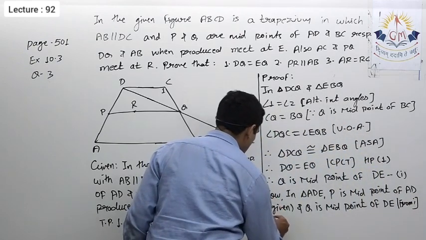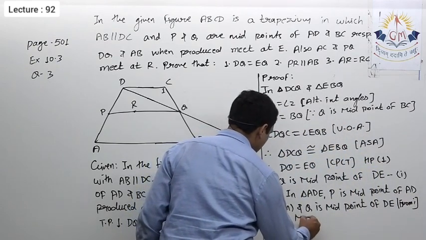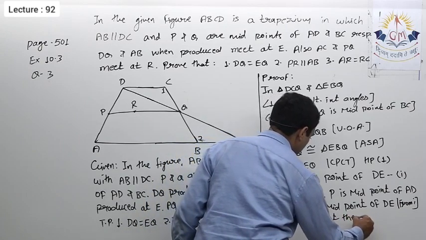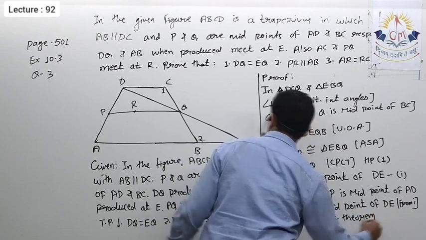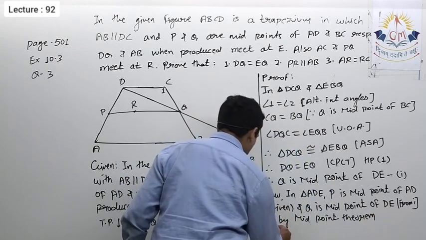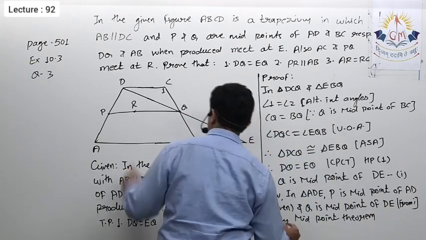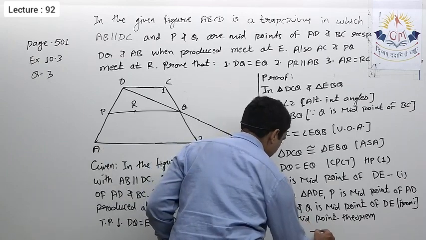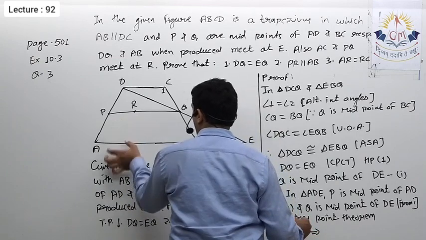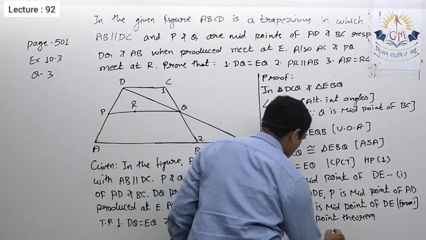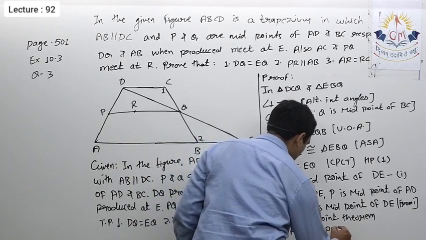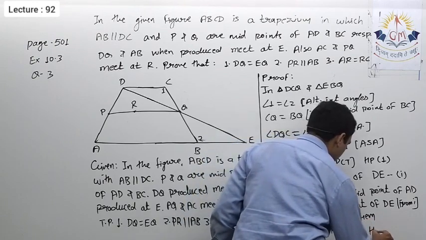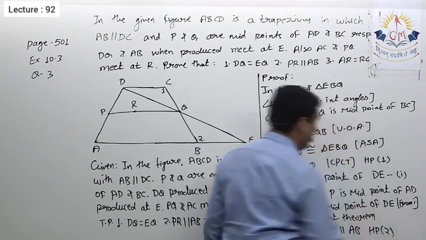Okay, so by midpoint theorem, I can say PQ parallel AE, that gives me PR parallel AB. So here I got hence proved second.